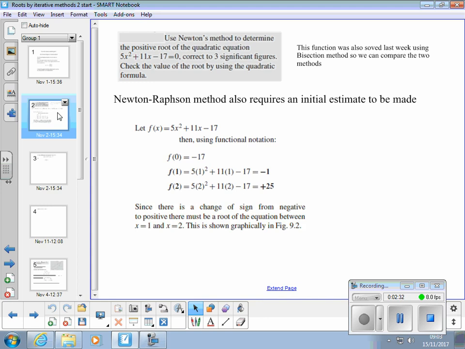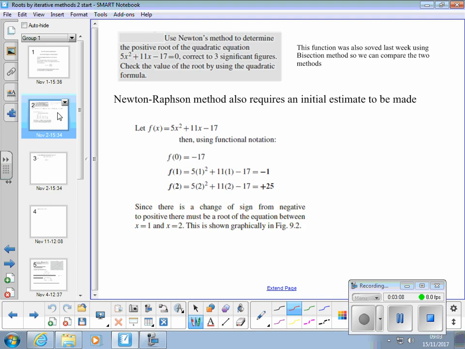Have to make an initial estimate to find the r1. So once again, we look for a point where the value of the function changes from negative to positive, because we know then that we've crossed the x-axis and therefore there must be a root between those two. So one method is to sketch a graph. Another method is to look at some values of the function.